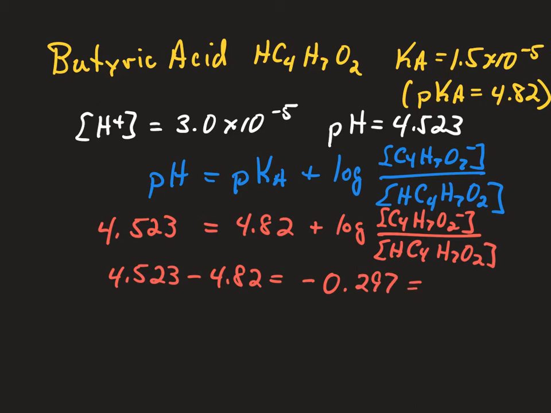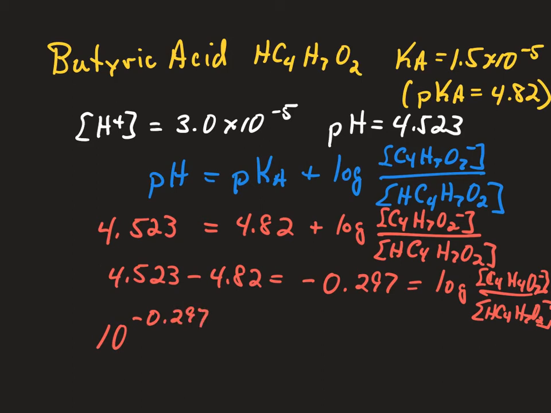And that then is going to be equal to the log of that butyrate ion divided by the concentration of undissociated butyric acid. And so that means 10 to the negative 0.297 should equal that ratio.